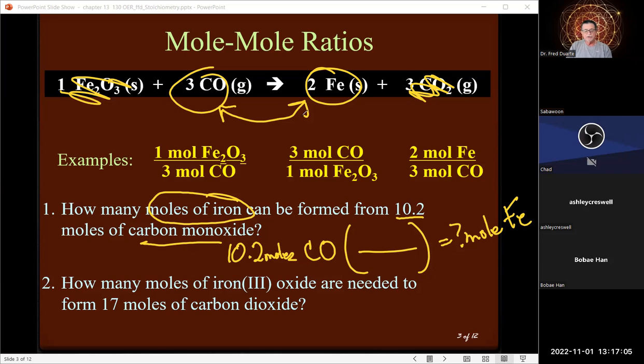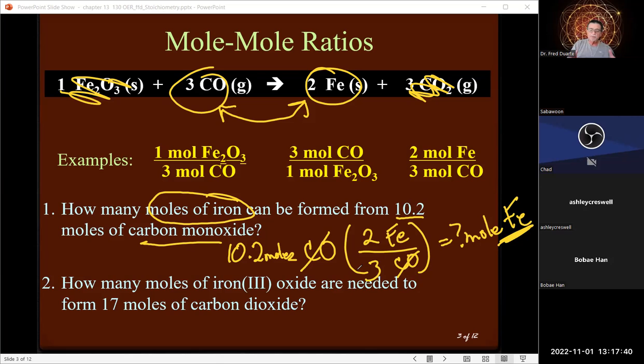And so our relationship is between iron and carbon monoxide based on the balanced chemical equation. And so obviously we want carbon monoxide in the denominator, right? Because when we multiply this through, we want carbon monoxide to cancel. And we want iron to be in the numerator because those are the units that we're looking for. And don't forget to plug in the relationship. So the relationship is 2 to 3, okay? That ratio, which again comes from the balanced chemical equation.